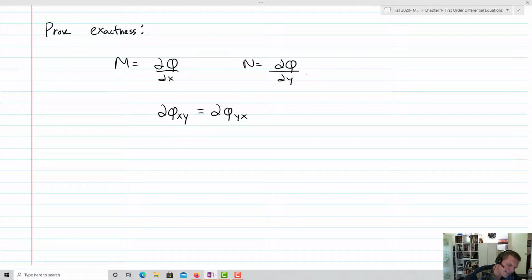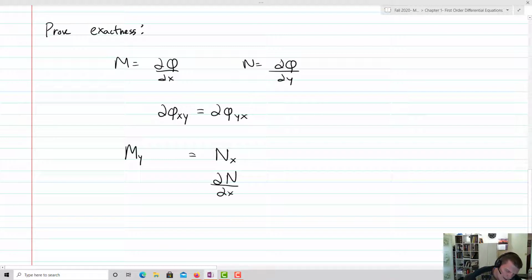What that essentially means is that if the partial of M with respect to y, which is dM/dy, equals N sub x, which is dN/dx, if those two equal each other, then the differential equation is exact.